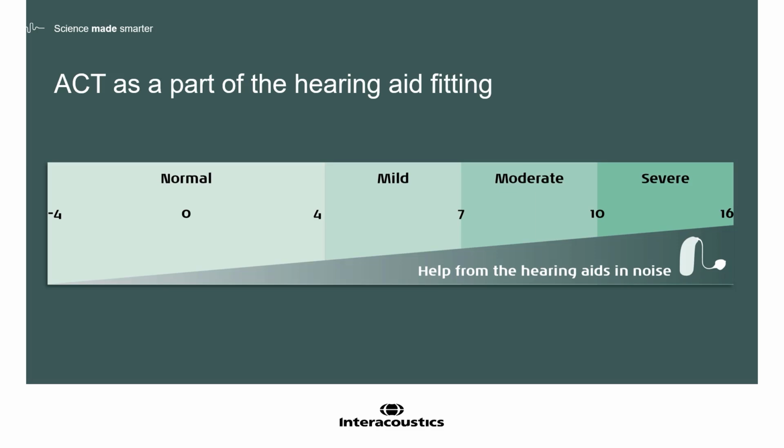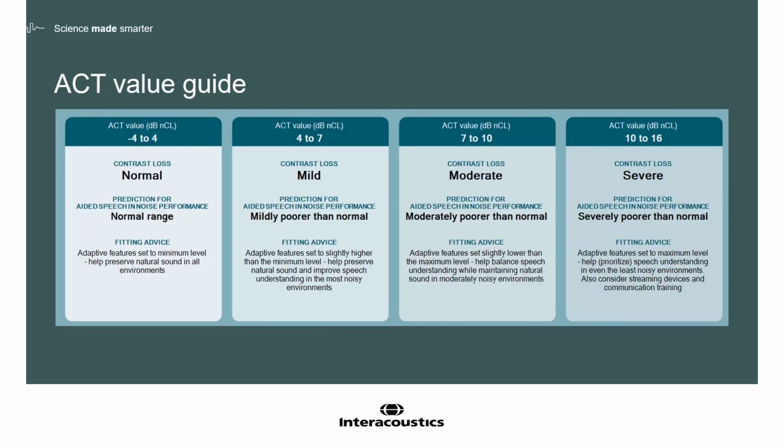However, in some cases, if that isn't an option, you can use the guidance that we provide. You can see from the scale that the ACT value will fall into one of 4 categories, ranging from normal to severe. The lower the number, the smaller of a modulation the patient was able to detect. Again, if someone has a lower ACT value, that means they're able to detect even smaller modulations.